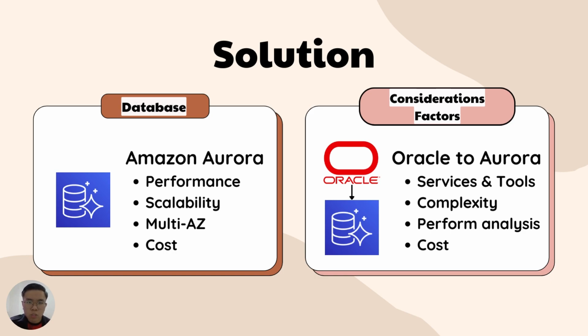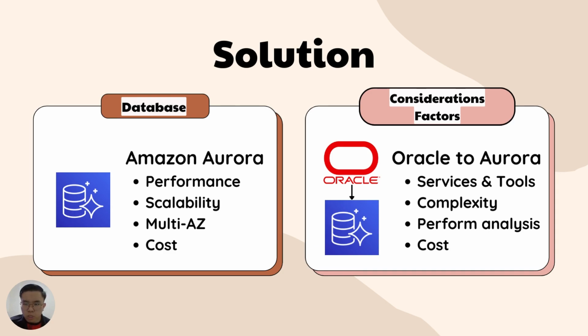The consideration factor for migrating Oracle to Amazon Aurora is that Amazon Aurora provides a comprehensive set of services and tools to deploy the Oracle database reliably and securely. And not only that, the complexity is also something we need to learn.